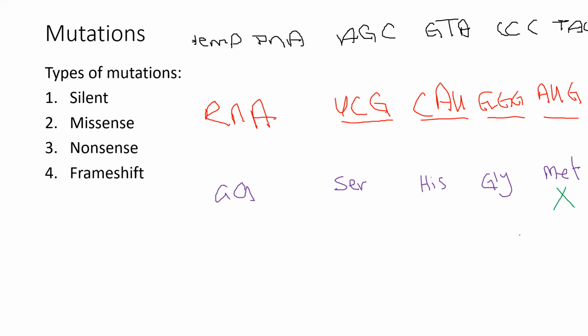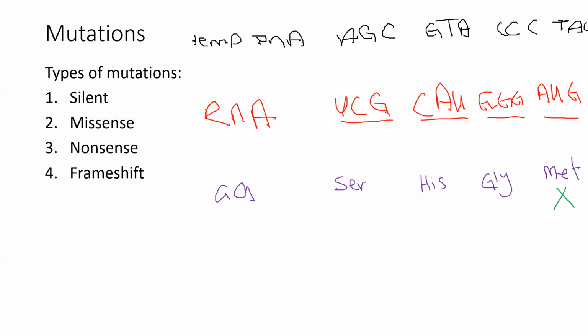So with a nonsense mutation, it can occur anywhere in the protein sequence, but no matter what, it's introducing a premature stop codon, terminating translation prematurely. No matter where it is, that's normally no good. This will normally be fatal to the cell. It's much less tolerated, especially if it happens at the beginning of translation, so that most of the protein isn't even made.